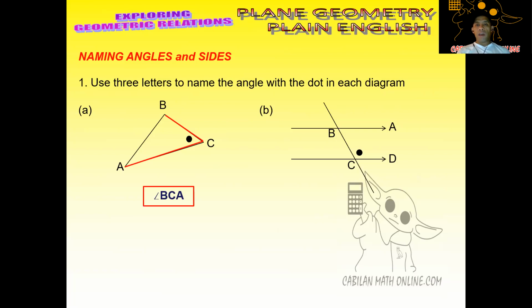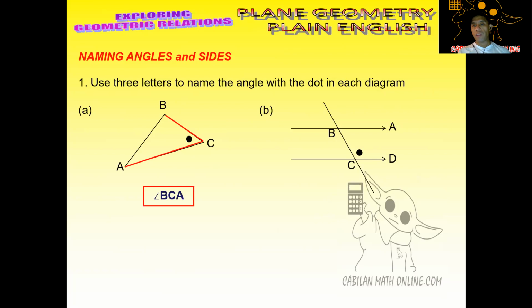Now for part B, you notice we have two parallel lines going from left to right, and the dot is where angle C is. The correct way to label this would be BCD. I'm saying BCD because if you look at the direction, the arrow is going towards the uppercase D.